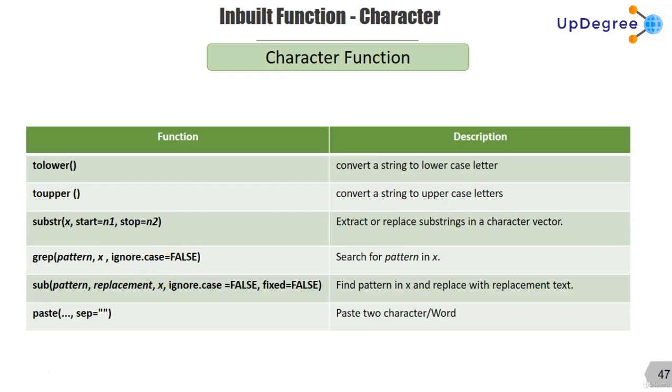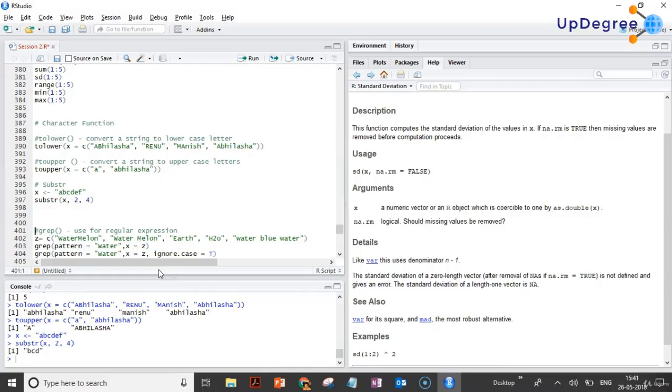If you ignore the case, then even if it is capital or lower, it doesn't matter. If you find the same letters, you would actually get the result. Let me show you in an example. Suppose you are creating a new variable called z, where you want to store watermelon, then water space melon, h2o, water space blue space water.